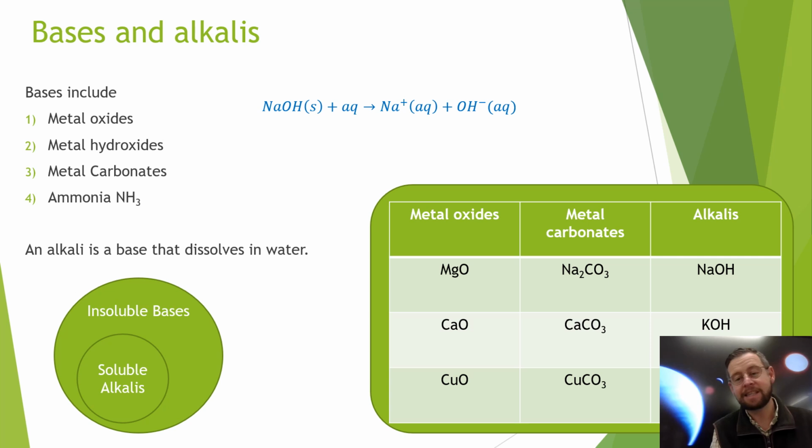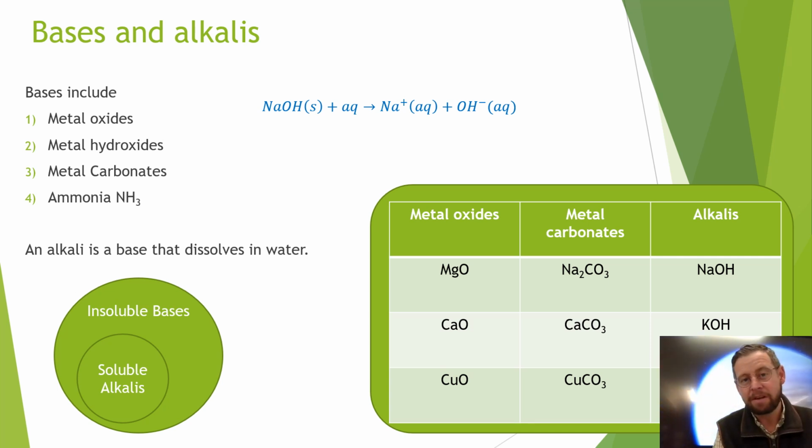And we can see here an example of a reaction that sodium hydroxide mixed into water dissociates the hydroxide ion from the sodium ion, and they float around as separate ions. And you can see here on the right hand side, here are some common examples, and they should be straightforward to you, like magnesium oxide, calcium oxide, as an example of a metal oxide, a base.